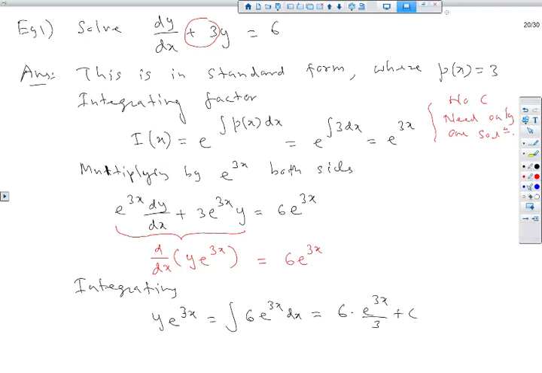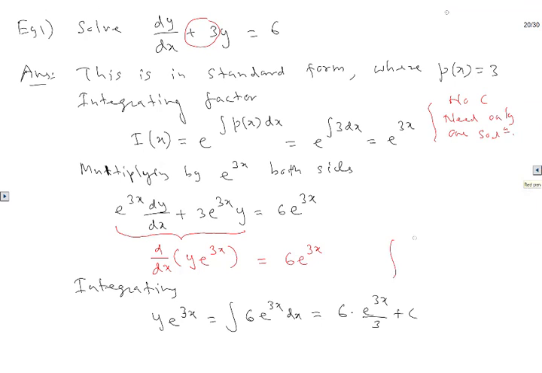So I'm going to recall one of the formulas that we use here. Remember in Calc 1 and Calc 2, or if you look at the formulas, you can find this result: the integral of e to the kx dx is simply 1 over k e to the kx plus c. So we can use that result here.